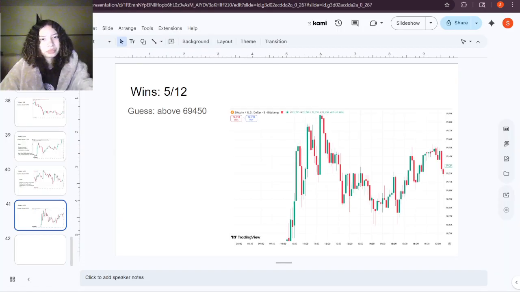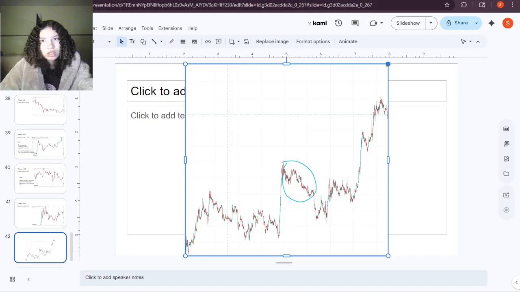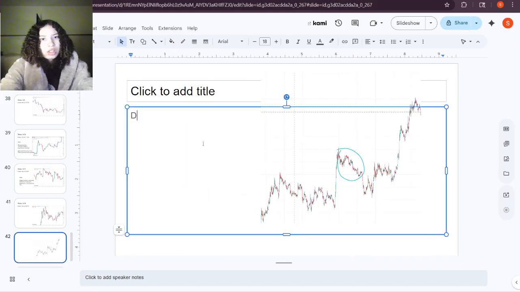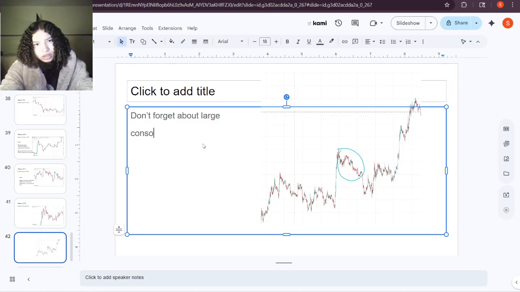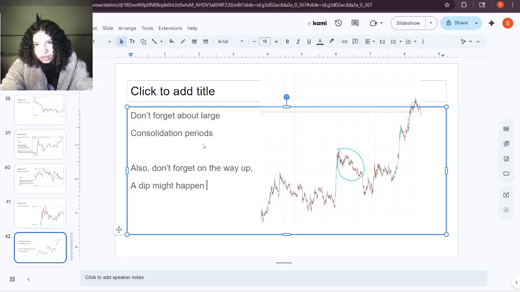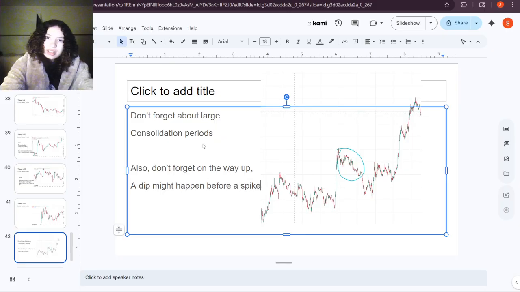Don't forget about large consolidation periods. Also, don't forget on the way up, a dip might happen before a spike.